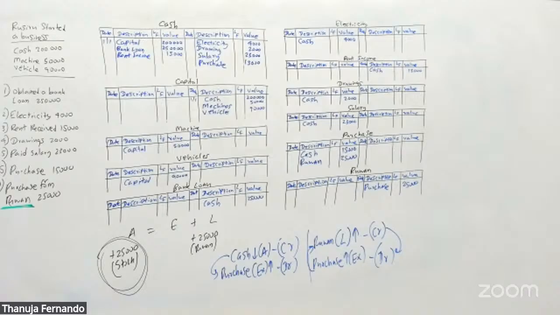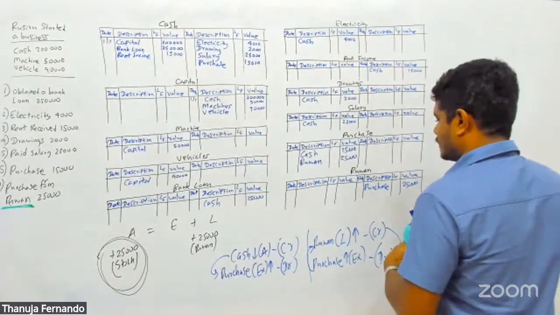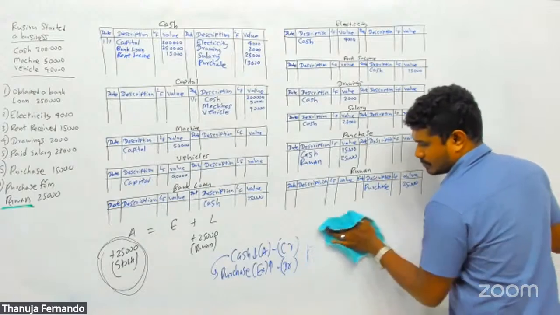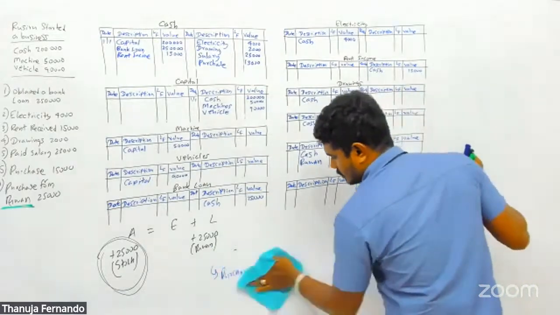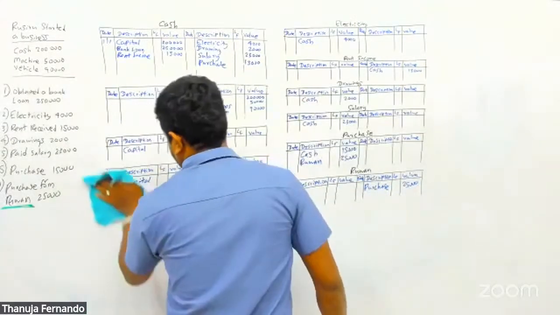Right? Okay. Write down a topic. Difference between cash purchase and credit purchase. Yeah. The difference between cash purchase and credit purchase. I am going to explain you the difference.